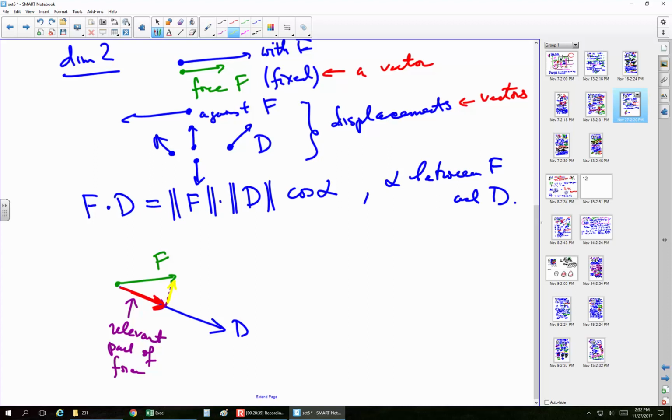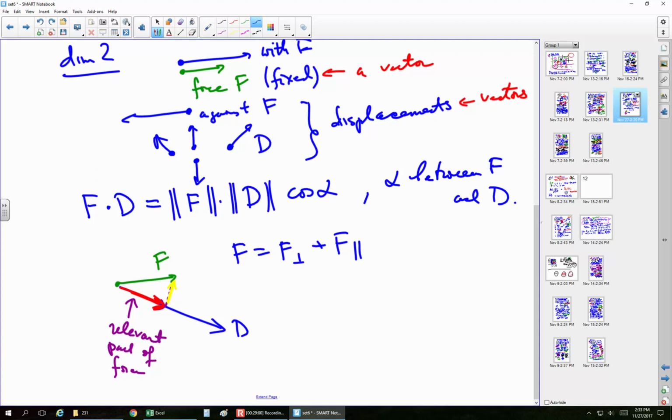This is how it's sometimes written, as a decomposition relative to a particular vector: the perpendicular part and the parallel part, or collinear part.